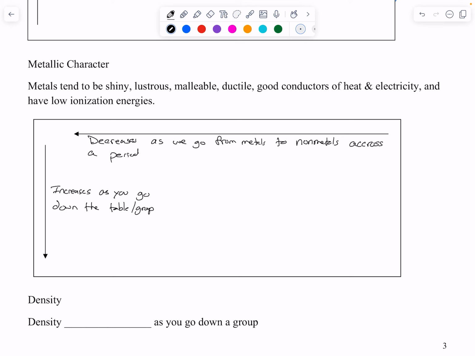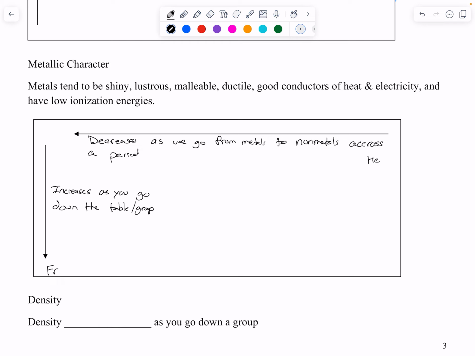It's the same as ionization energy. If I look at francium and helium, helium would be the least metallic and have the highest ionization energy.